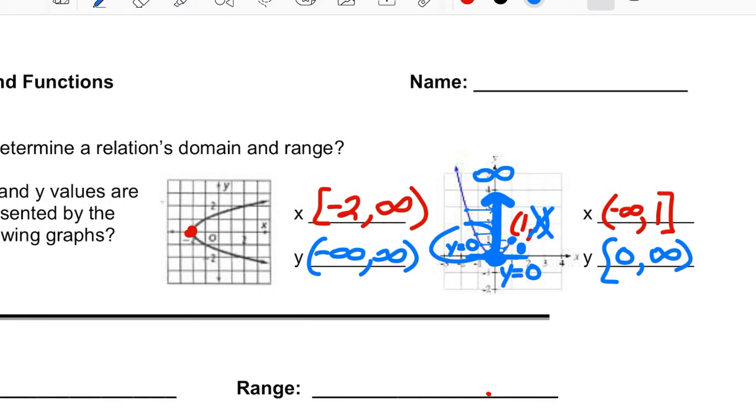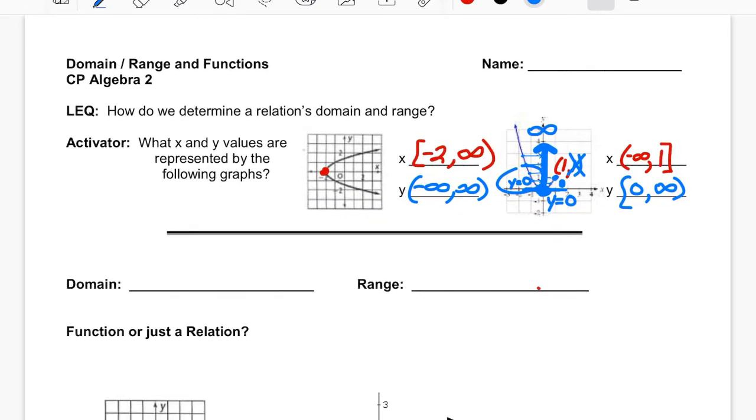Now, each of these answers up here also represent the domain and range, because that's what domain and range ultimately is. It's the x values represented by a graph. It's the y values represented by a graph. When we talk about the x values of a graph, we're also thinking about the horizontal movement of the graph.